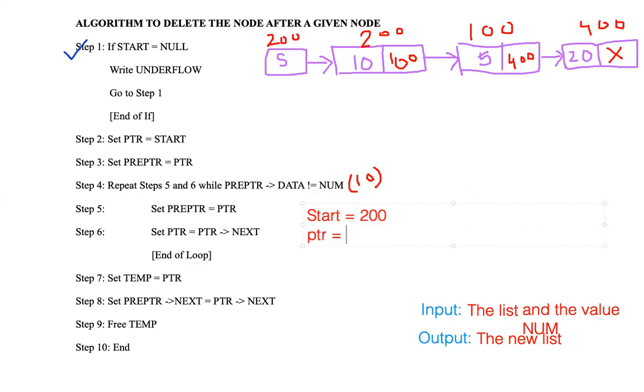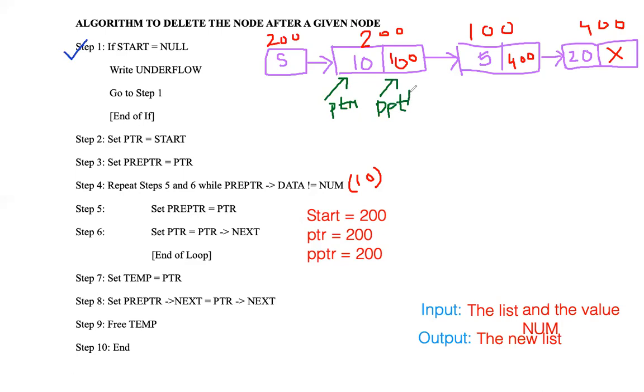So PTR also is equal to 200, and PPTR is also equal to 200. So all my pointers are pointing to this part. This is where PTR is, and this is where PPTR is. So both my pointers are standing here right now.